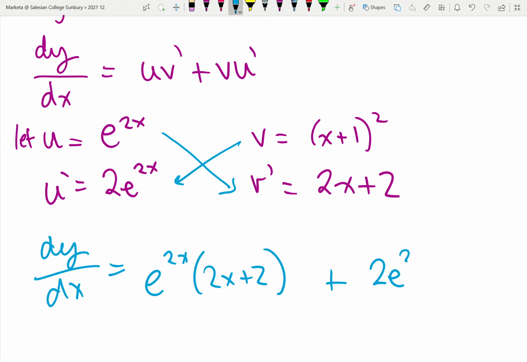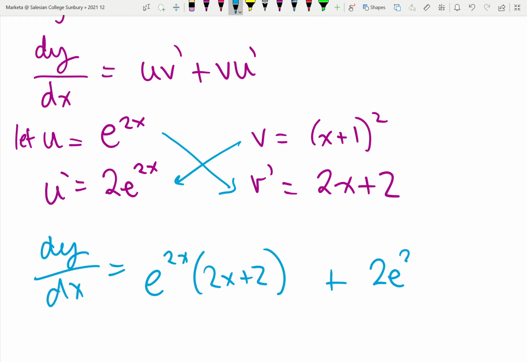Let's do that. This we can kind of just ignore. We've got our equation f(x) here. Here are the two parts. So let u equal x squared and v equal e^x. u' will be 2x and v' will be e^x, because e^x is its own derivative.